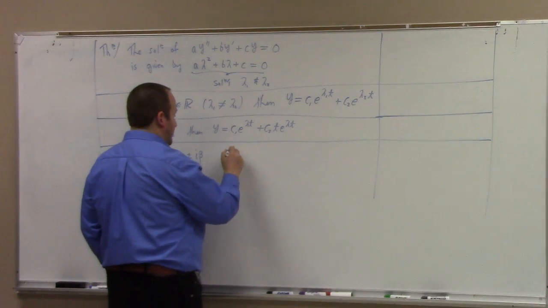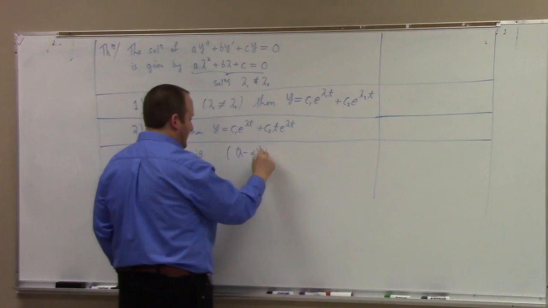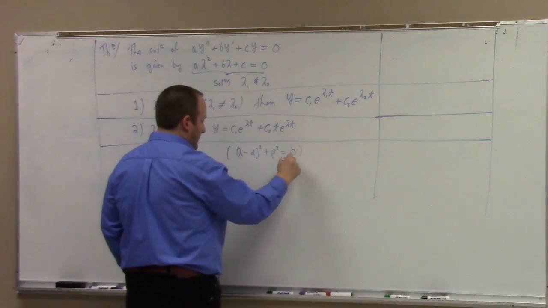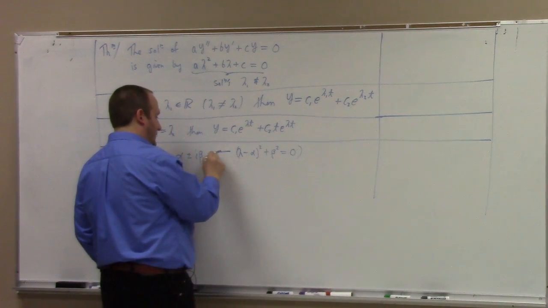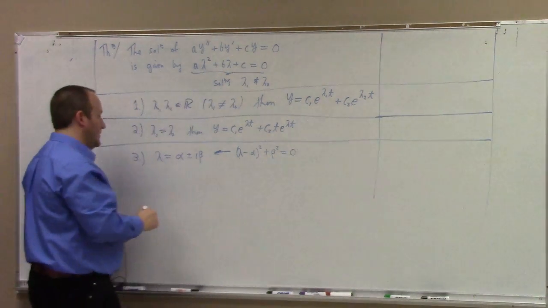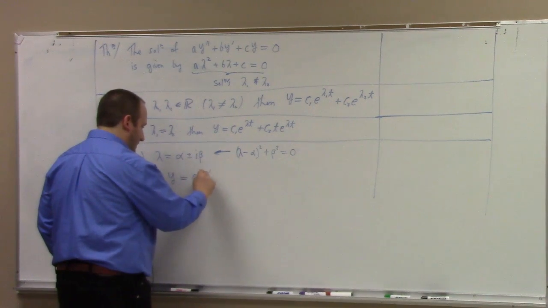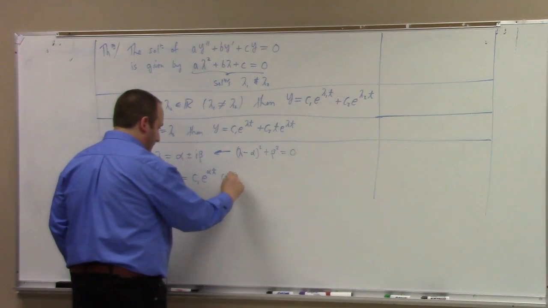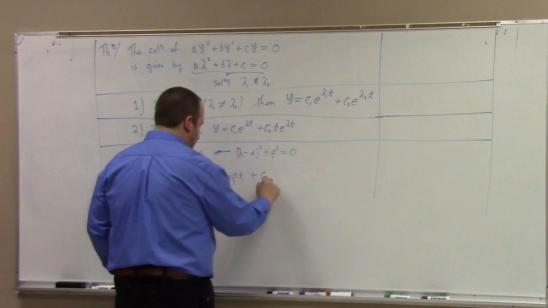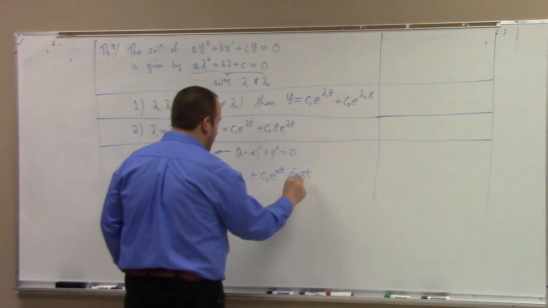Pragmatically, this is when the algebra looks like lambda minus alpha quantity squared plus beta squared equals 0. That's what would give me this. But anyway, in that case, y is equal to c1 e to the alpha t cosine beta t plus c2 e to the alpha t sine beta t.